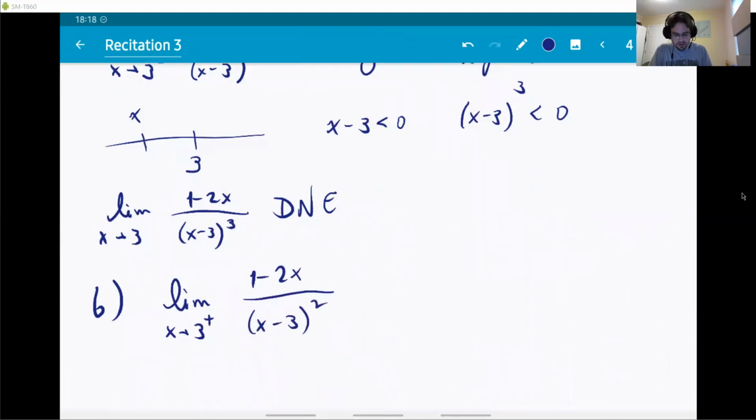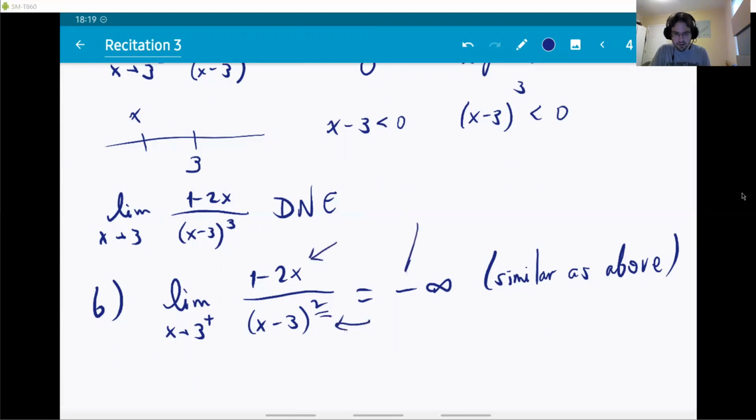I'm just going to write minus infinity similar as above. The analysis is exactly the same: negative in the top, and because of the square downstairs, the way that this denominator goes to 0 is through positive numbers. And then negative over positive gives you negative.